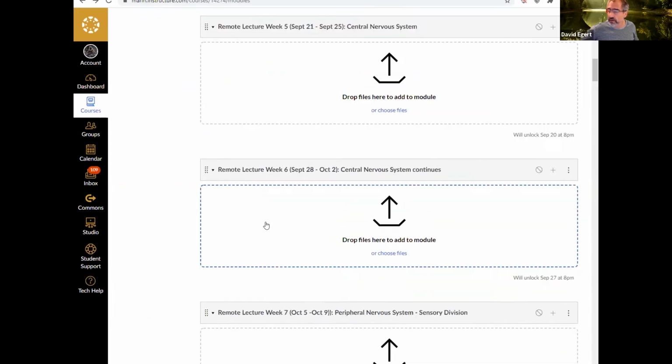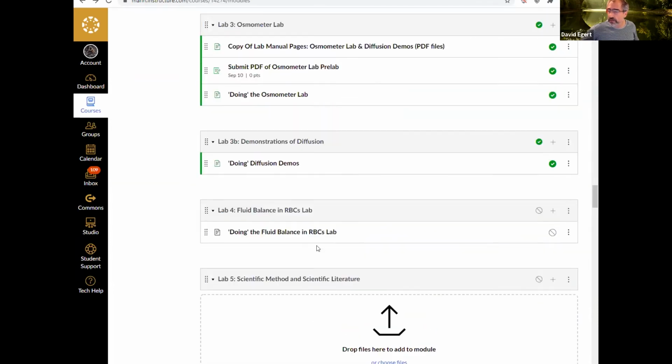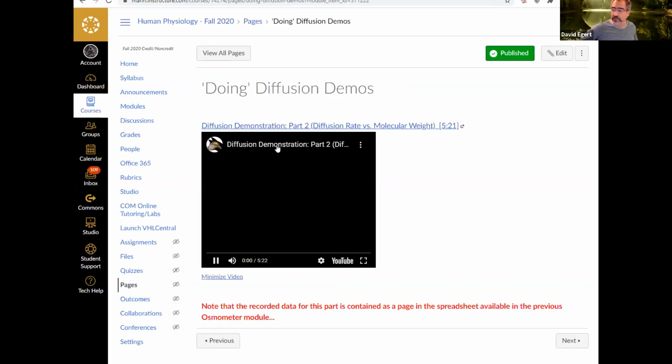And now, under the diffusion demos, under lab 3B here, here is Tina illustrating this.